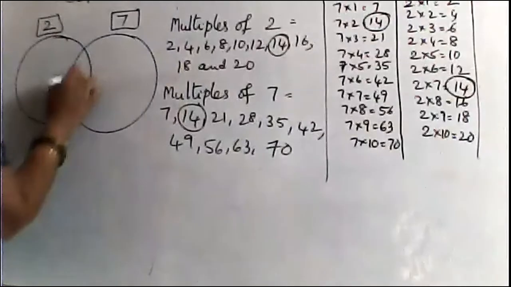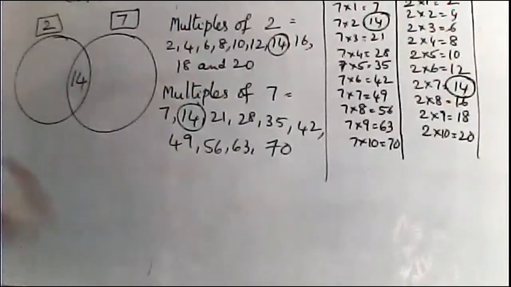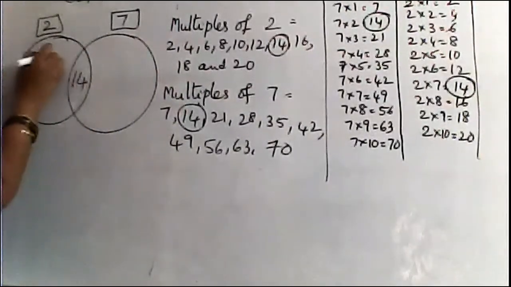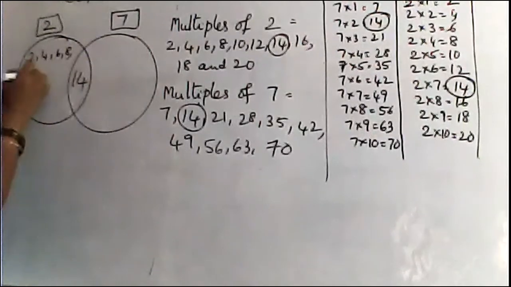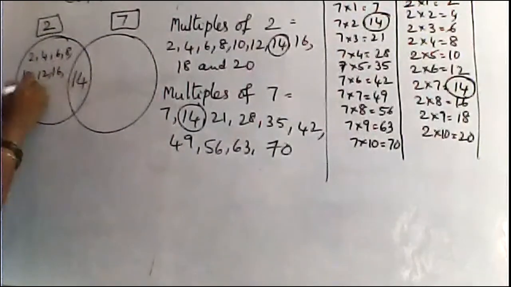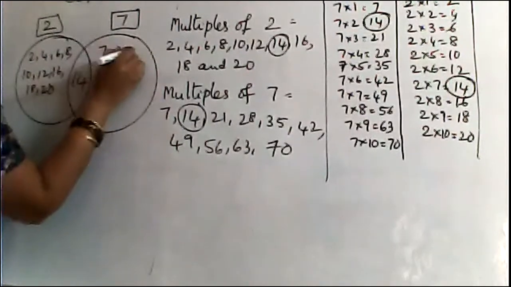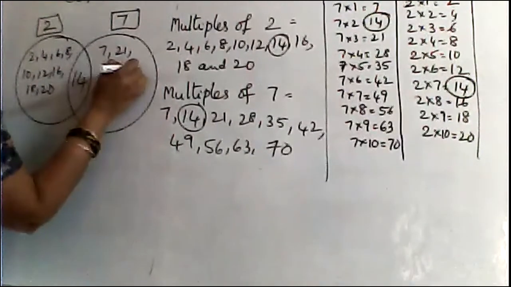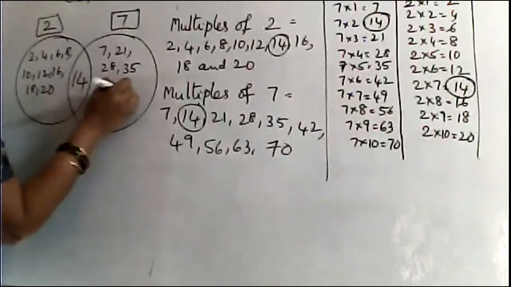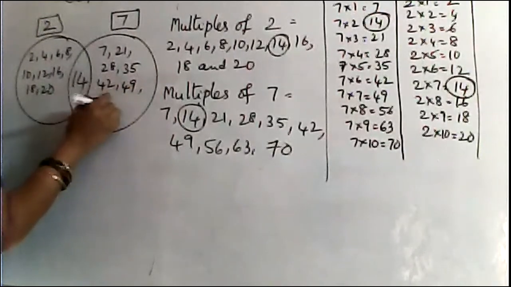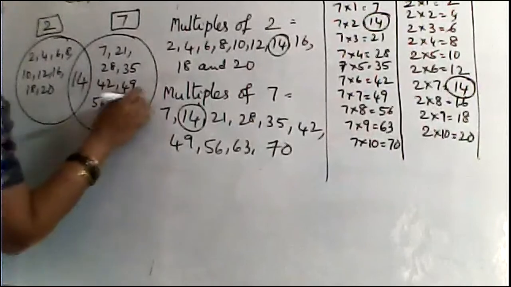So 14 is the common. So then write the common number. The remaining numbers here: 2, 4, 6, 8, 10, 12, 16, 18, 20. But 7: 7, 21, 28, 35, 42, 49, 56, 63, 70.